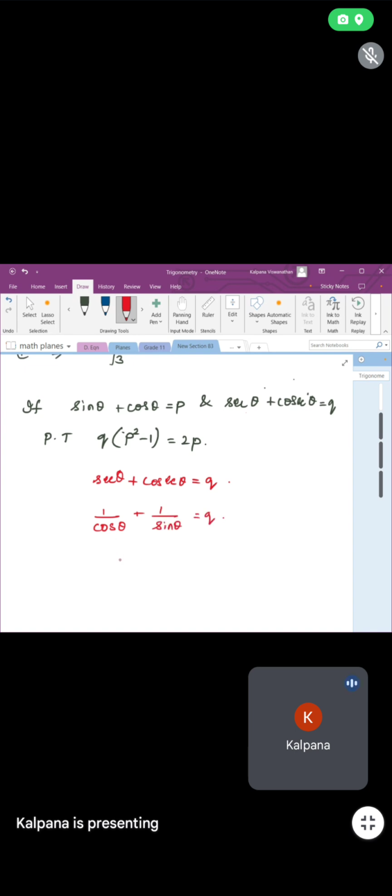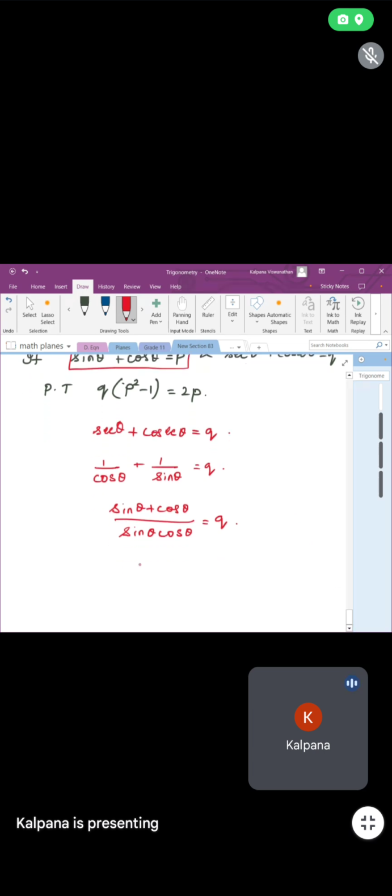So now we have to take the LCM. So sin theta plus cos theta divided by sin theta cos theta equals Q. Now look at the numerator, sin theta plus cos theta, that is the value of P, isn't it?